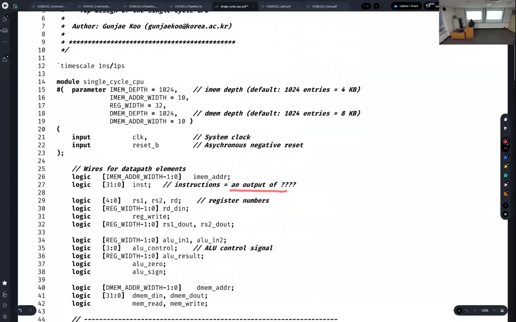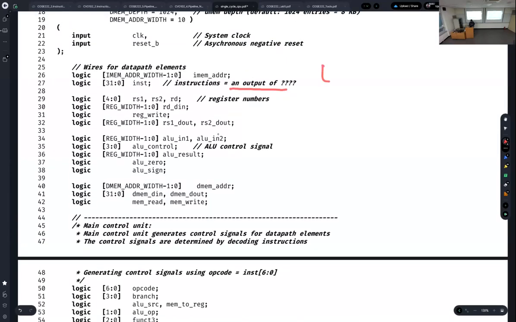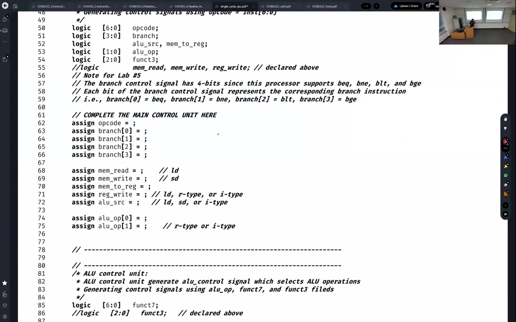These are signals that should be used for designing a single cycle processor. As we learned in the class, you can just connect the input and output ports of data path elements, right? And sometimes we require multiplexers.